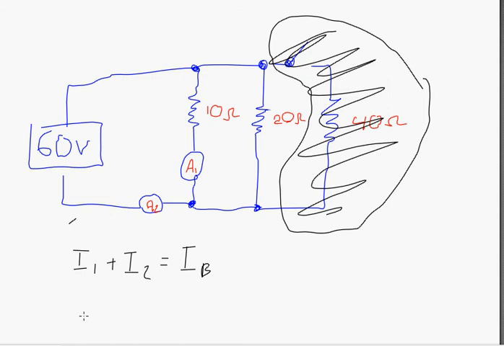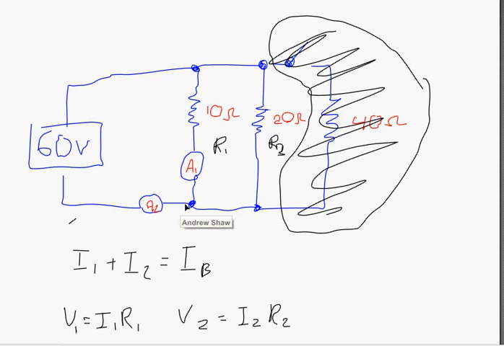Well, V1 equals I1 R1 and V2 equals I2 R2. This is R2, we could say this is R1.